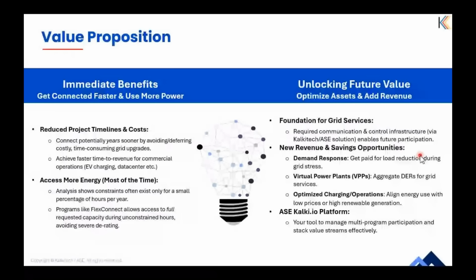Critically, the ASC Kalkitech platform provides an integrated environment to manage participation across these diverse opportunities, helping you effectively stack these different value streams and maximize the return on your energy assets.